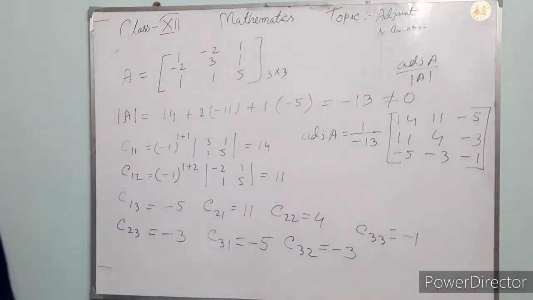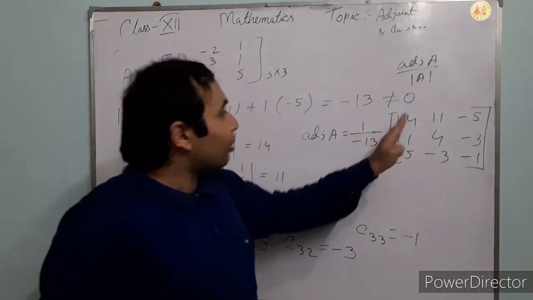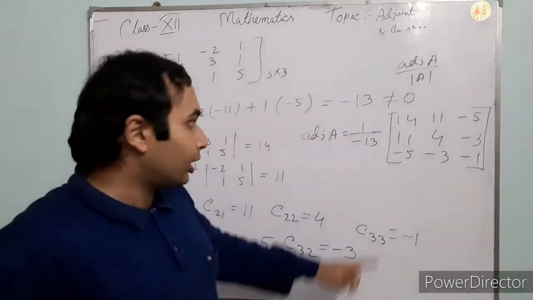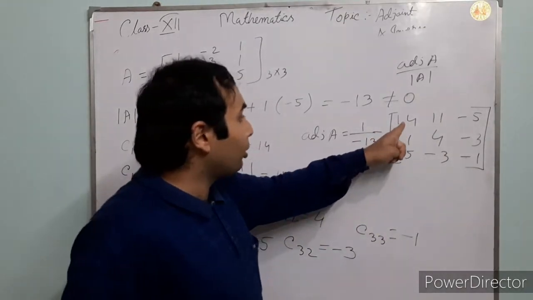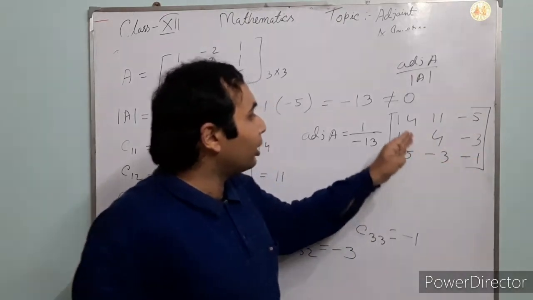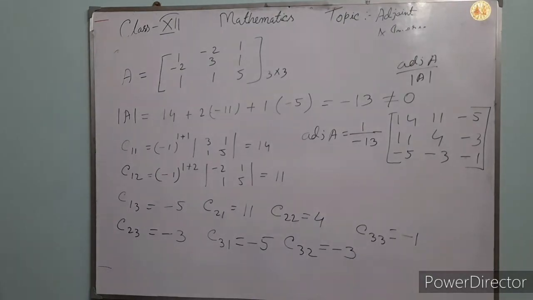You can keep this in this way, otherwise just take this -13 at each of these elements as denominator, that will be 14 by -13, 11 by -13, 5 by 13, 11 by -13, like that. You can keep this in this way.